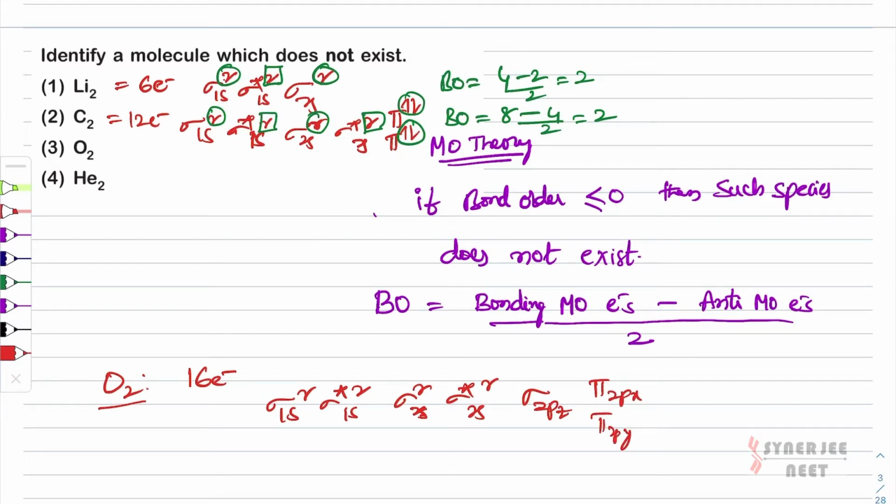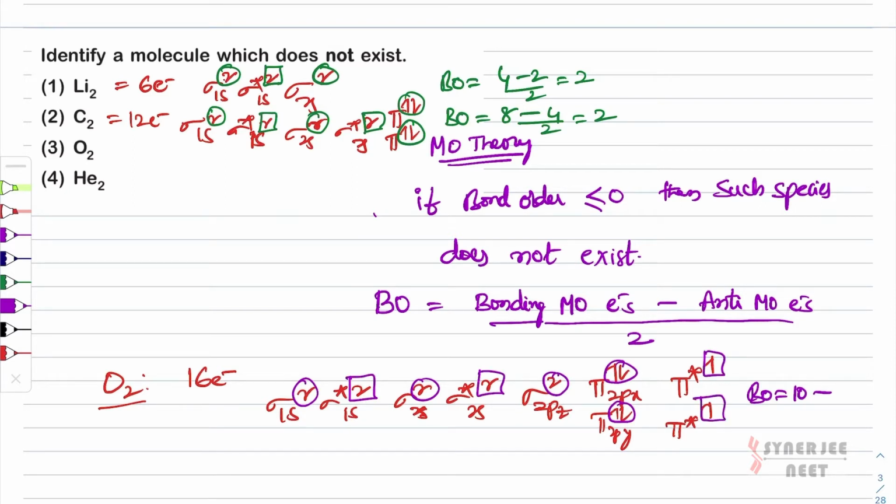So 8, 9, 10, 11, 12, 13, 14, 15, 16. This is the O2 configuration. Now the electrons in bonding are 10 electrons. So bond order, 10 minus the boxed anti-bonding electrons, 6 electrons, divided by 2, so bond order is 2. It also exists.